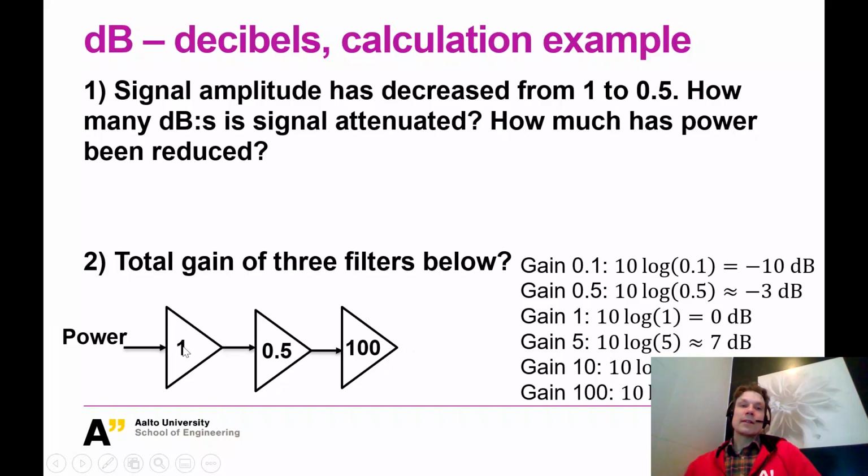Now in this case they are rather easy to multiply, but if the numbers were big they would not be so easy to multiply. But if you knew the gain of each stage in decibels, it would be easier to sum them up. But yeah, more about this in exercises.